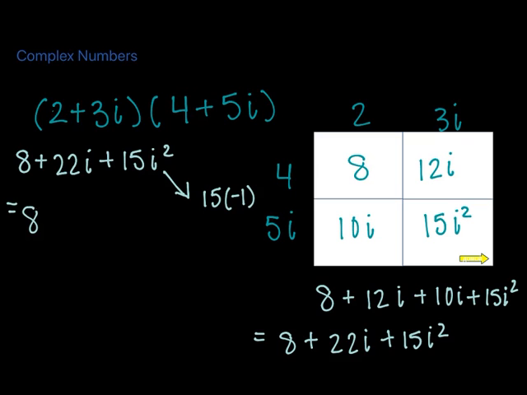So this equation would be 8 plus 22i plus -15. And finally, since 8 minus 15 is -7, we would get the final solution as -7 plus 22i. So we know that 2 plus 3i times 4 plus 5i equals the complex number -7 plus 22i.